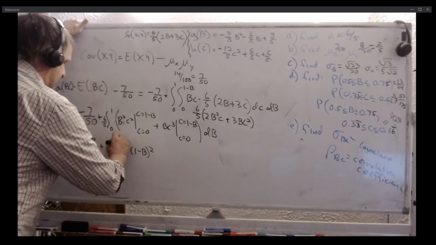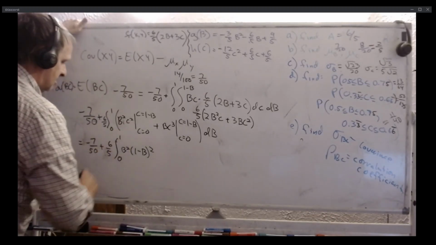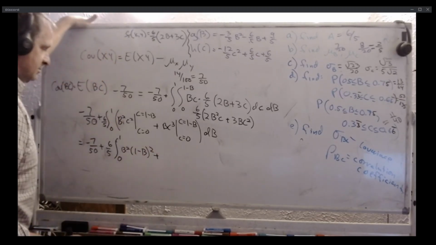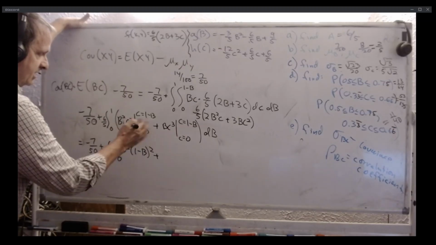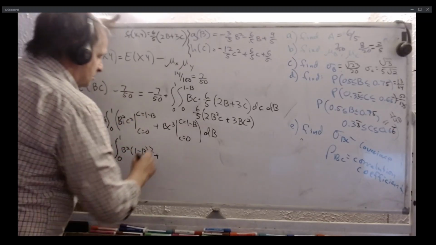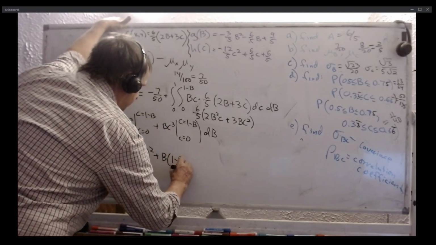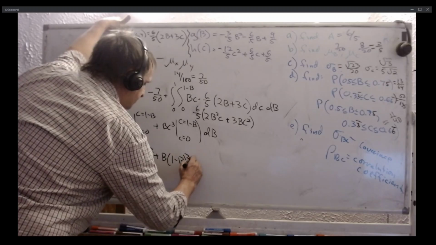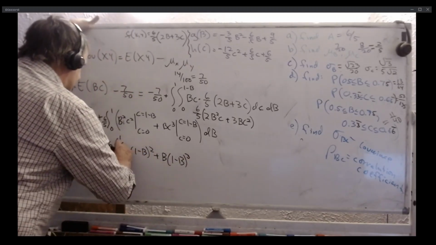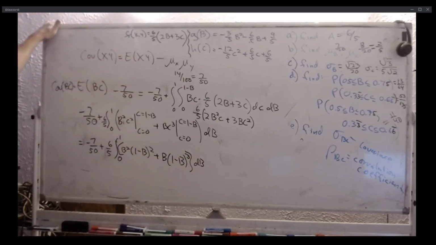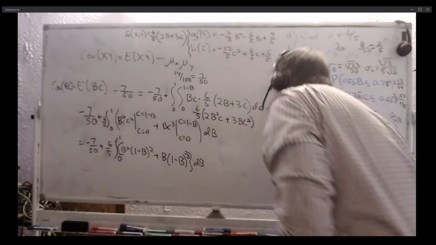Oh, this is going to be nasty. Plus, you plug in 0 for c, everything goes away, okay? Plus b times 1 minus b raised to the 3rd power. And this is all, of course, dB. Okay, guys, did I screw anything up that you know of? That's what I have. Okay.